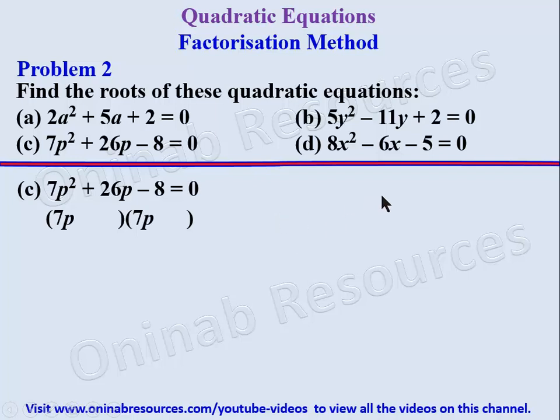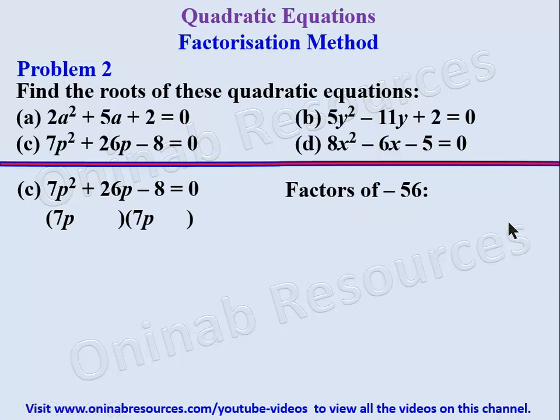So we are looking for two factors of negative 56 whose sum will give us a positive 26. That's to say, since the product of the numbers we are looking for is negative, we are going to have one positive, one negative, and the sum we are looking for is positive. Therefore, the larger number will be positive.